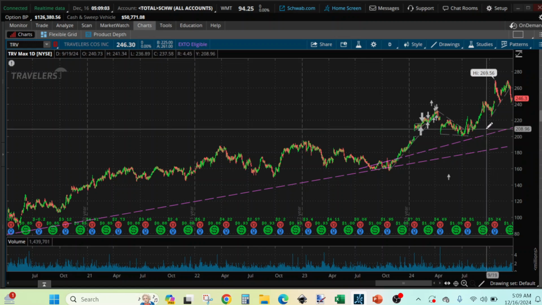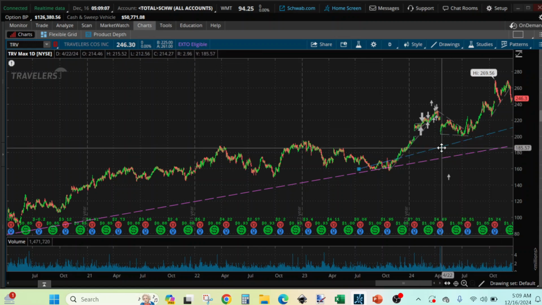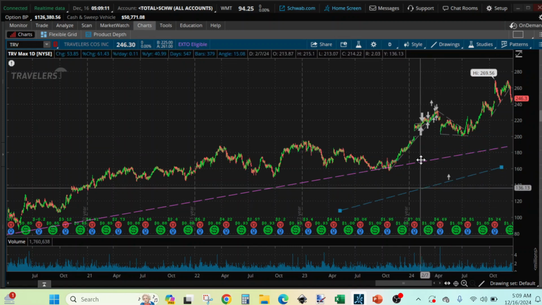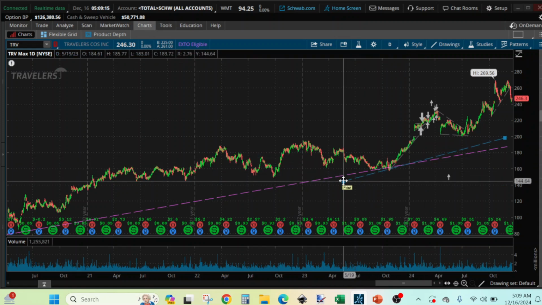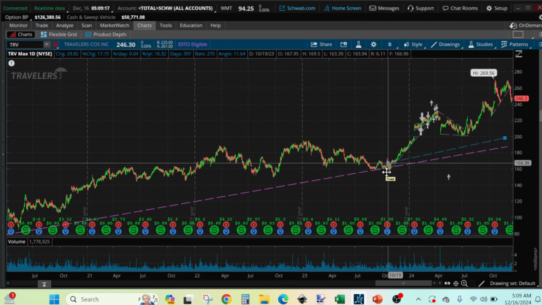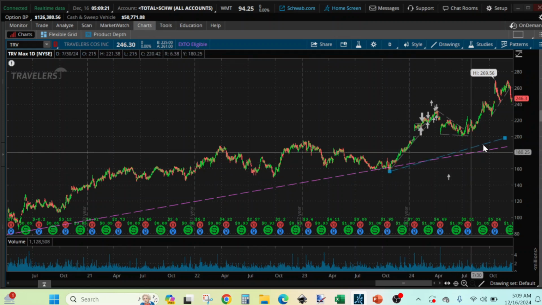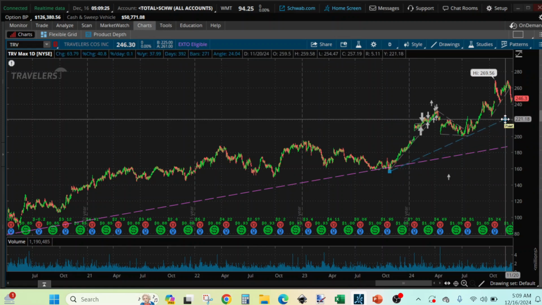And yes, you see this one. I can activate it and grab it first, move it close to the bottom of the low, and then move it up.